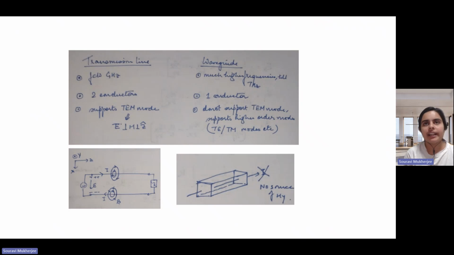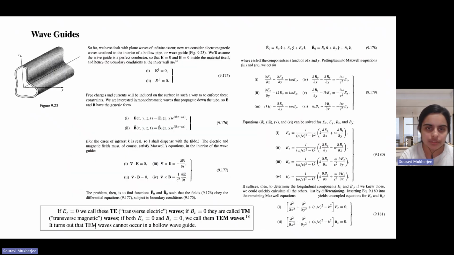And we tried to find how the electric fields look in each of these cases, the transverse electric and the transverse magnetic modes, based on the boundary conditions, right? So this was the basic concept where we said that these two boundary conditions need to be satisfied at the inner walls of your waveguide.